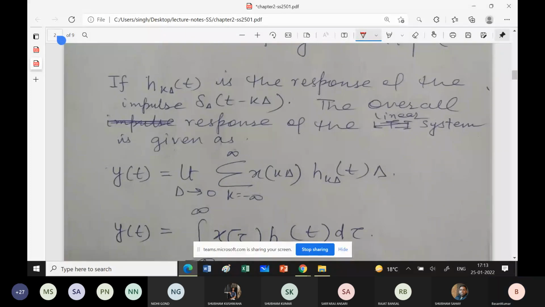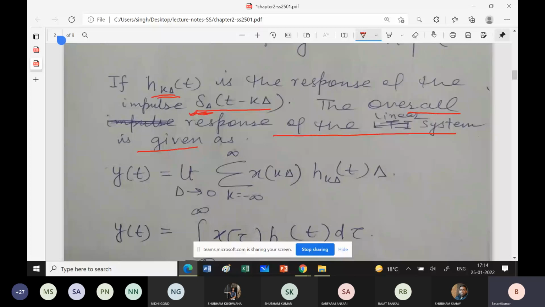Suppose h_k delta(t) is the response to some impulse delta(t minus k delta), then the overall response of the linear system can be given by... Now suppose for any impulse function, this is the impulse function appearing at t equal to k delta, and you have a response for this, h_k delta. Fine. So this is a generalized term.